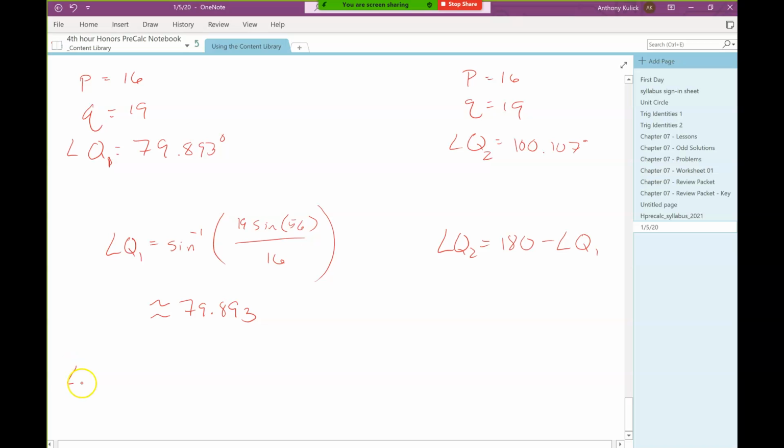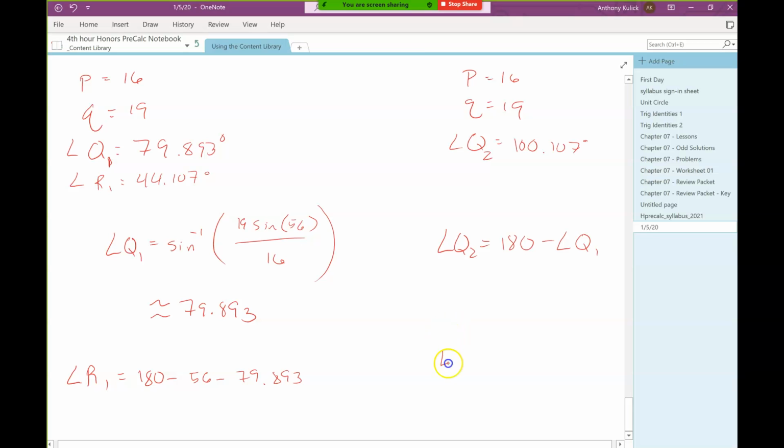Okay. I have 2, so I can now find the third angle. We'll call this other angle R, so PQR, excuse me. So I can just do 180 minus 56 minus 79.893. So R1 is 44.107.